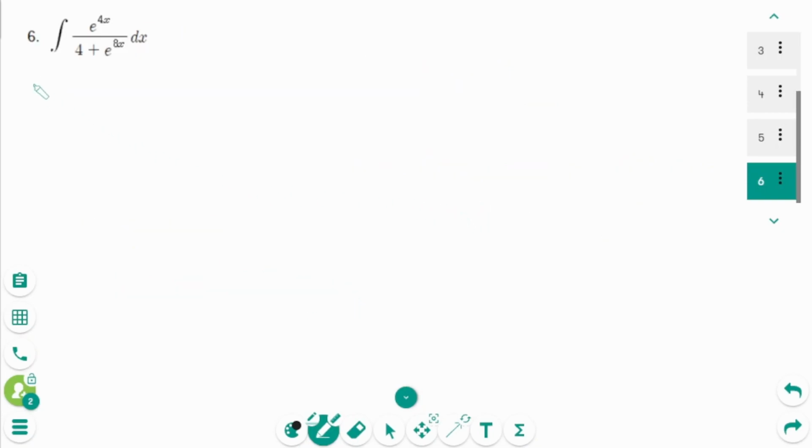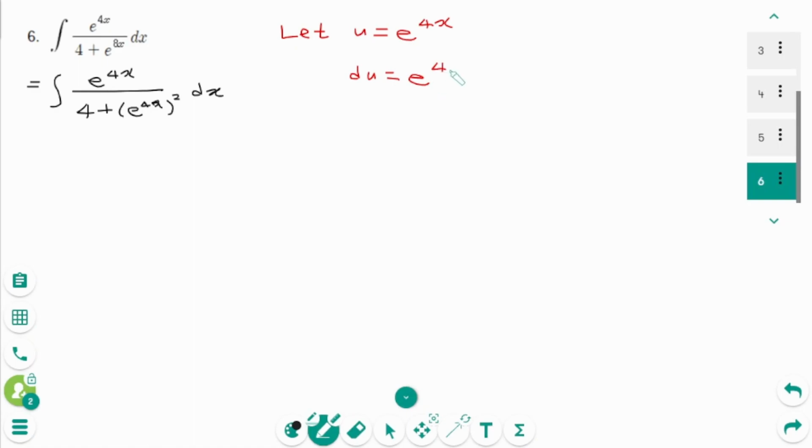Question 6, we can rewrite as the integral of e to the power of 4x over 4 plus e to the power of 4x, then squared, dx. Use u substitution. Let u equal e to the power of 4x. Derive on each side. du equals e to the power of 4x times, use the chain rule, 4x prime, then dx.